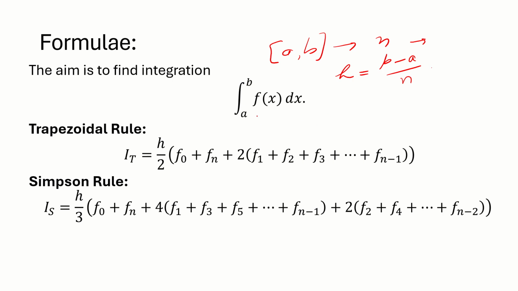And then we find the value of x for partition of the interval, that is x naught will be taken as a, x1 will be taken as a plus h, x2 that will be a plus 2h, and then up to xn, which is a plus nh.